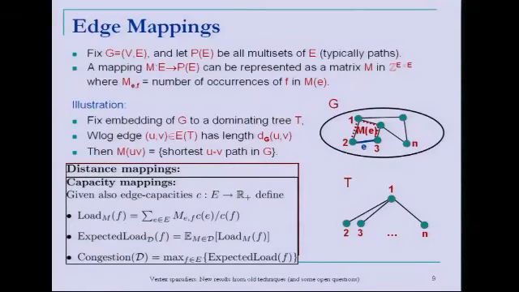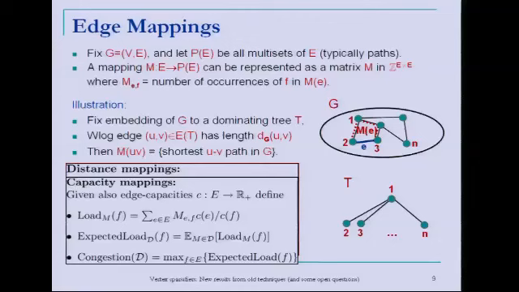And then there's the dual notion of capacity mappings, which is, if you give every edge a capacity, how much flow you can route, basically. Then you define what is the load of the edge. Well, you see how many paths, how many routes like this there are. For example, think of the edge 1, 2.